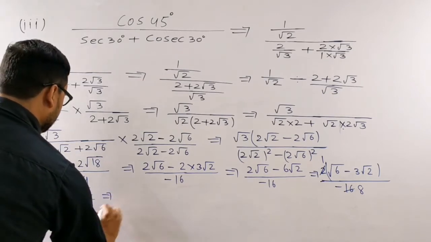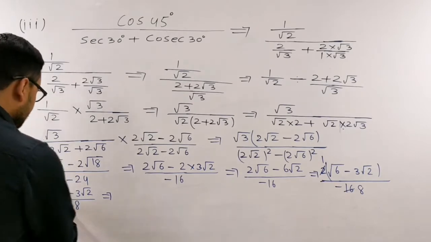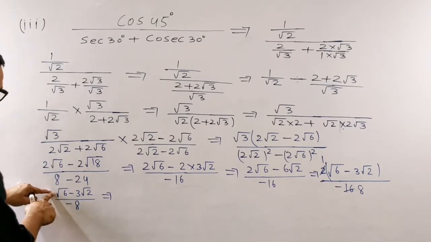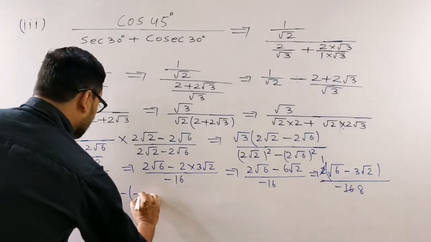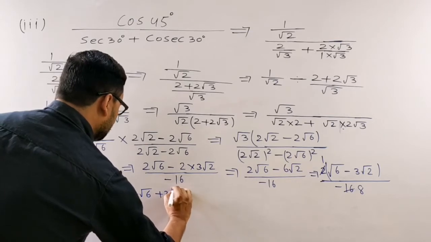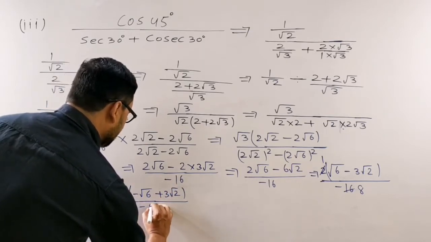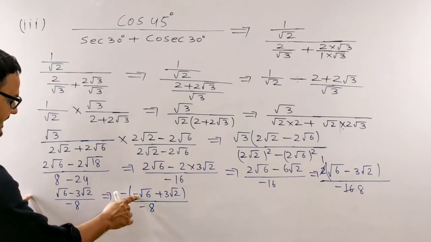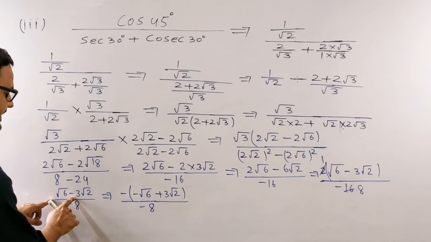Again I will continue. I don't want this minus 8. Minus I don't want, so I can take minus common in this bracket. I can write it as minus, then minus root 6 plus 3 root 2, and divide minus 8. Now look here, minus root 6, plus 3 root 2.